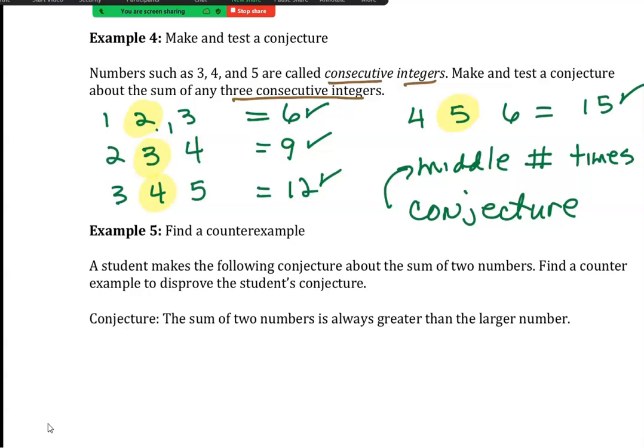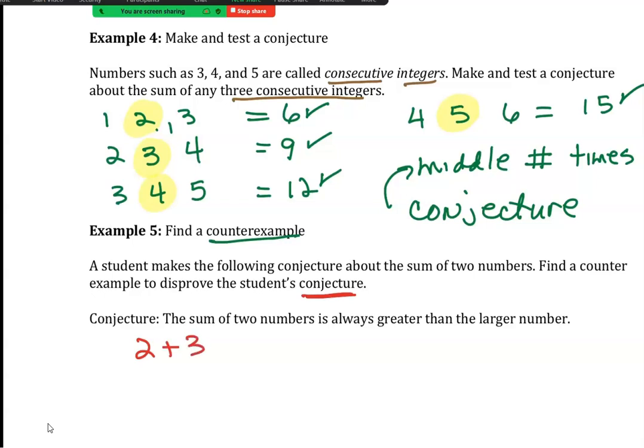Okay, finding a counterexample. So let's think about this. A student makes the following conjecture about the sum of 2 numbers. Find a counterexample to disprove the student's conjecture. So a conjecture is like an educated guess based on a pattern. Okay, the sum of 2 numbers is always greater than the larger number.